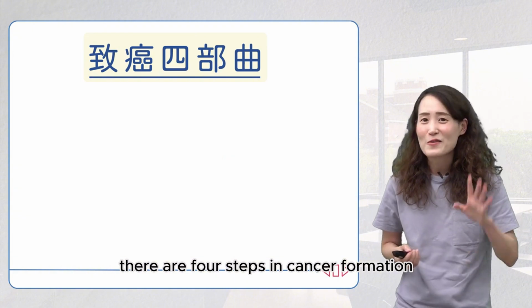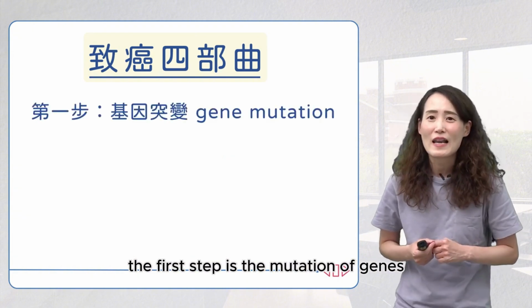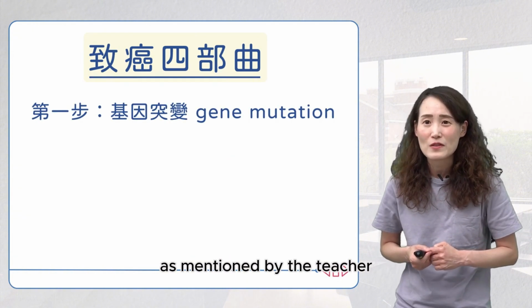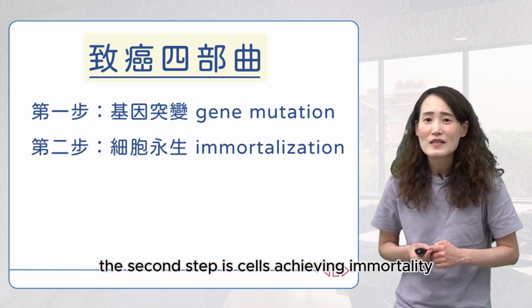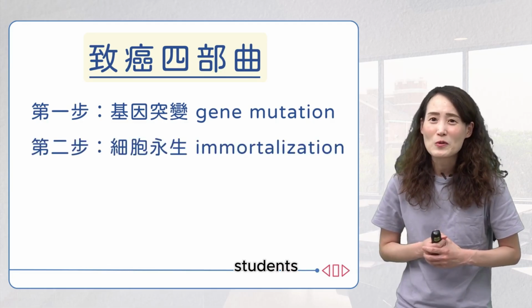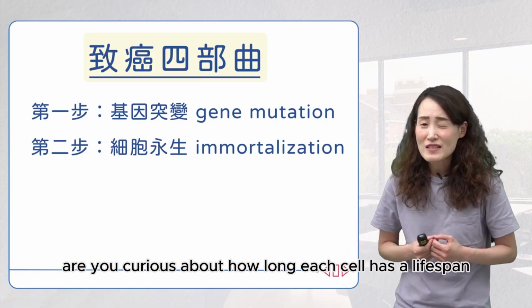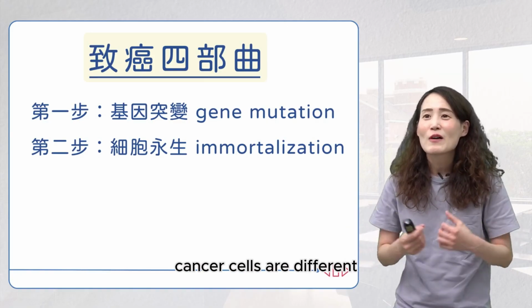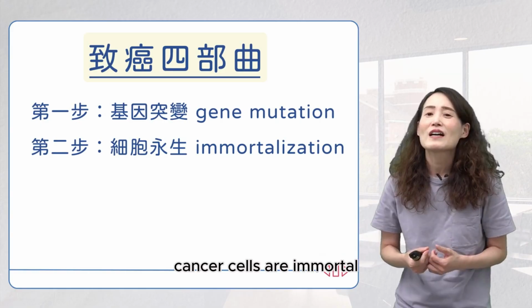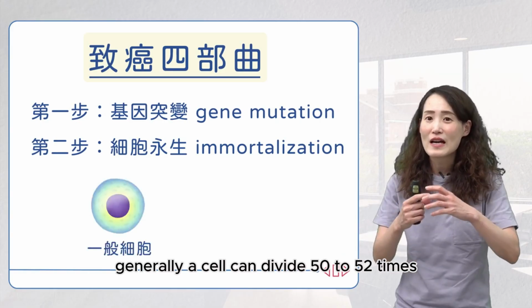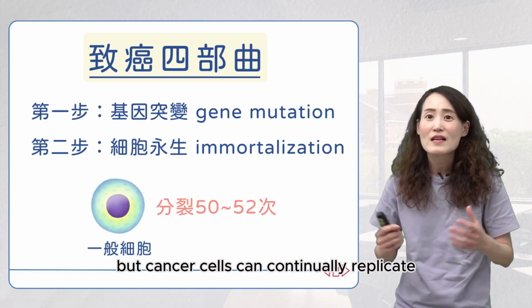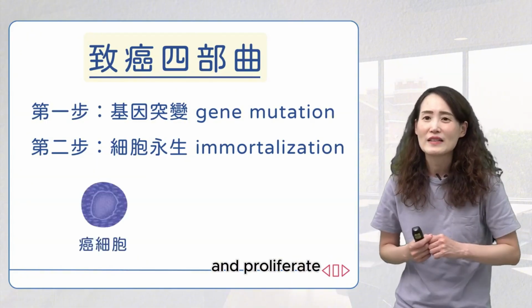There are 4 steps in cancer formation. The first step is the mutation of genes, as mentioned by the teacher. The second step is cells achieving immortality. Students, are you curious about how long each cell has a lifespan? Cancer cells are different. Cancer cells are immortal. Generally, a cell can divide 50 to 52 times, but cancer cells can continually replicate and proliferate.